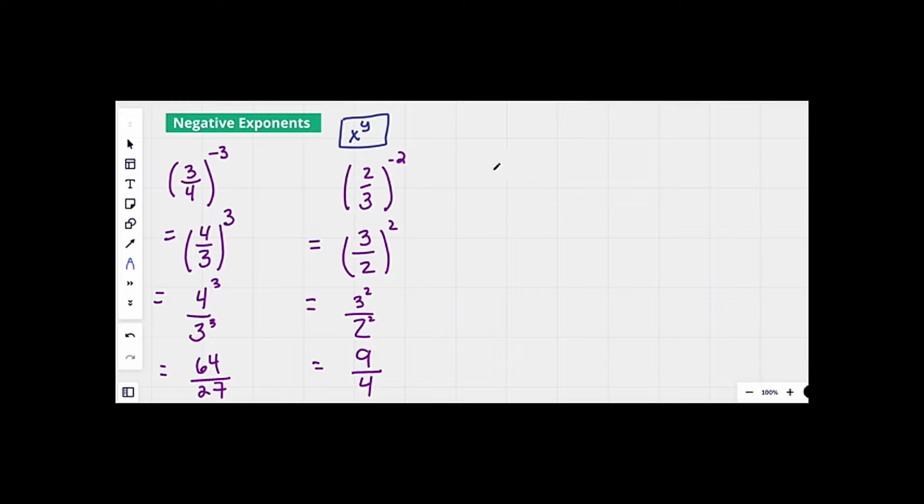Okay, we've got another question here. Just want to give us enough practice questions. Okay, so 3 over 10 to the power of negative 4. So step number 1, we flip our fraction so that the bottom's at the top and the top is at the bottom, but everything will be to the power of 4.